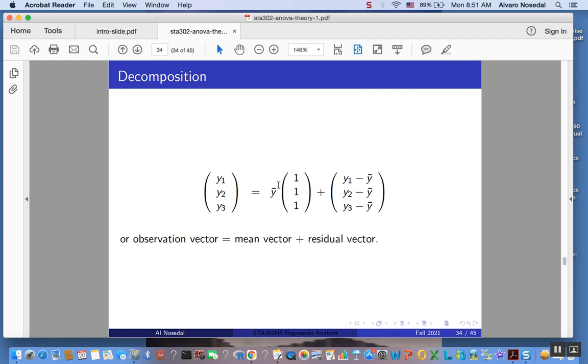We have this vector, 1, 1, 1, times a constant plus something else, and this is going to be the residual vector. This is going to help us estimate the errors, and y bar here is an estimate of beta 0.